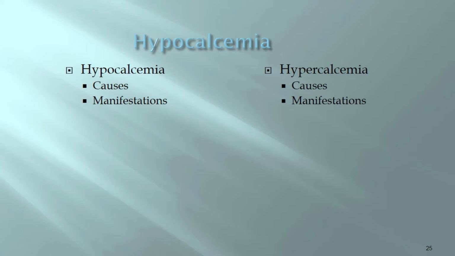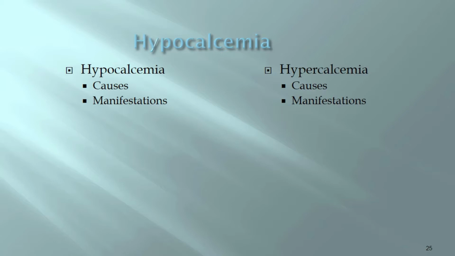At this point we can administer calcium gluconate intravenously as an emergency measure. If the calcium levels aren't that low and the patient is doing well overall, oral calcium supplements can be given.